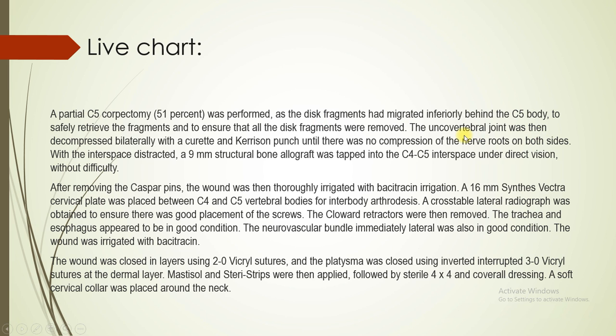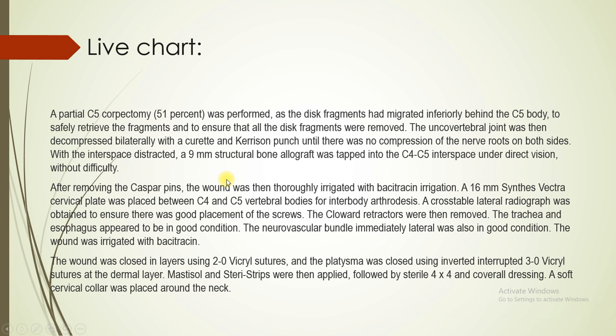Okay. So the uncovertebral joint was then decompressed bilaterally with curette and Kerrison punch until there was no compression of the nerve roots on both sides. Okay. So with the interspace distracted, a 9 mm structural bone graft was tapped into the C4 to C5 interspace under direct vision without difficulty.